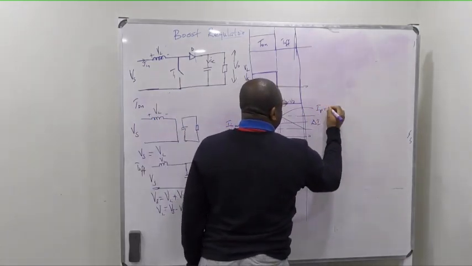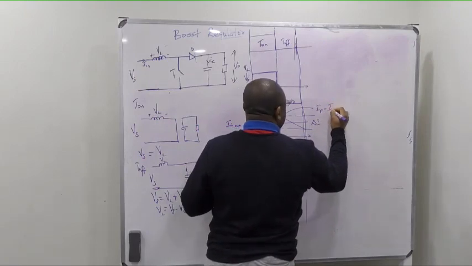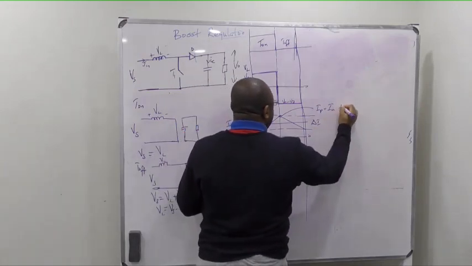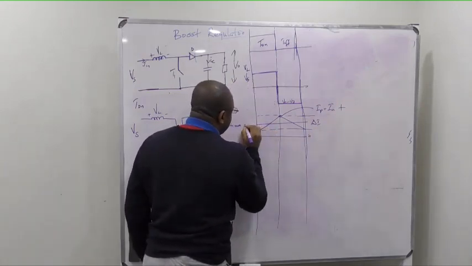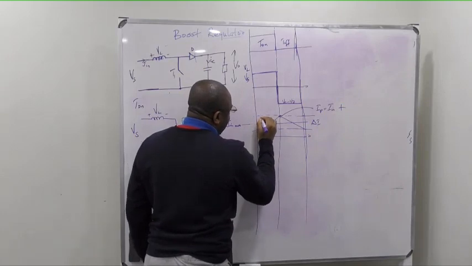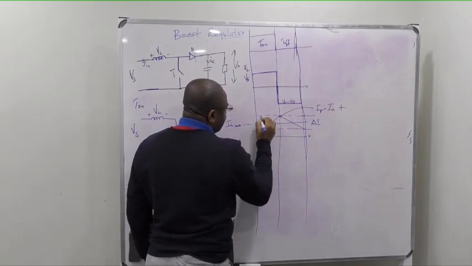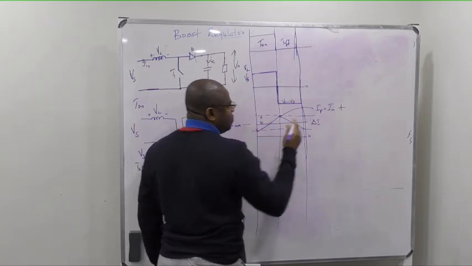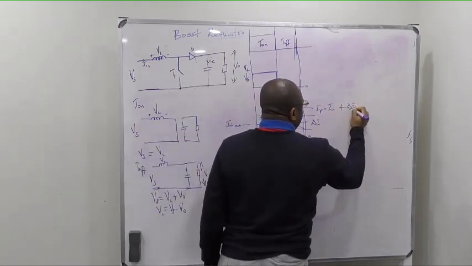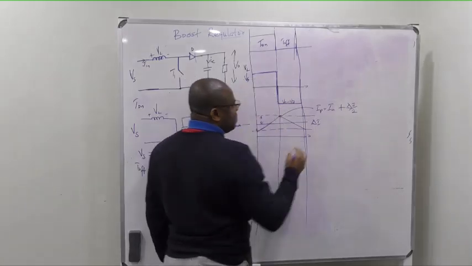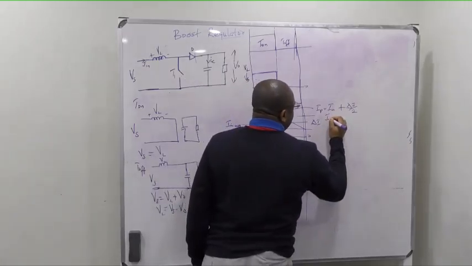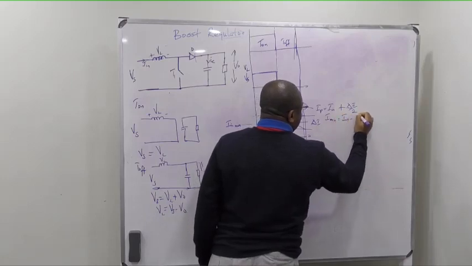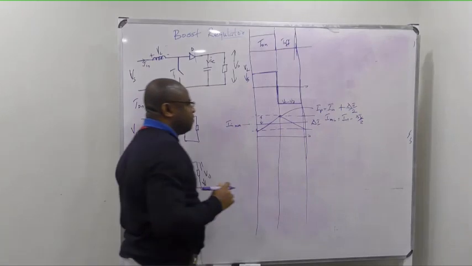I peak will be I in, which is your average input current, plus the ripple divided by 2, that is delta I over 2. The same thing with I minimum, which will be I in minus delta I over 2, like that.